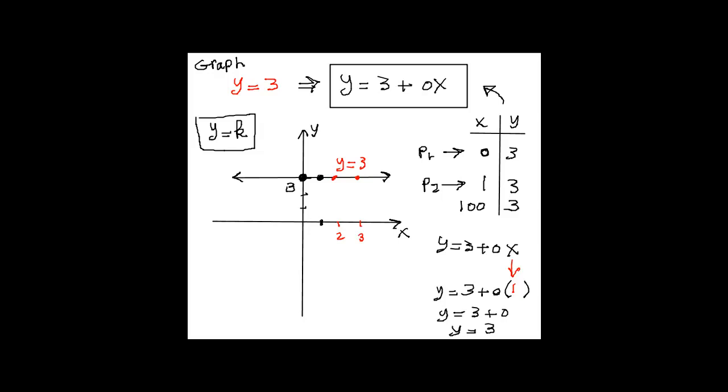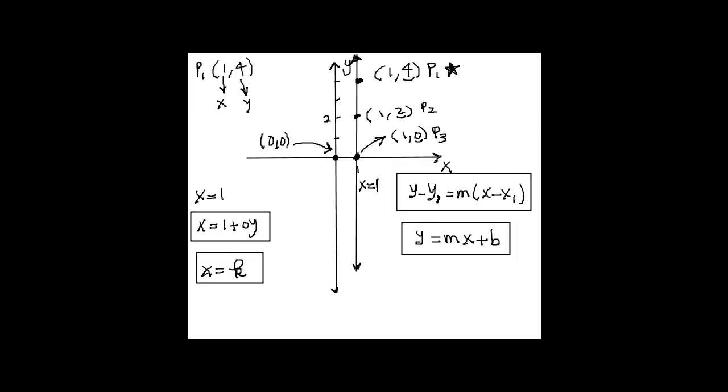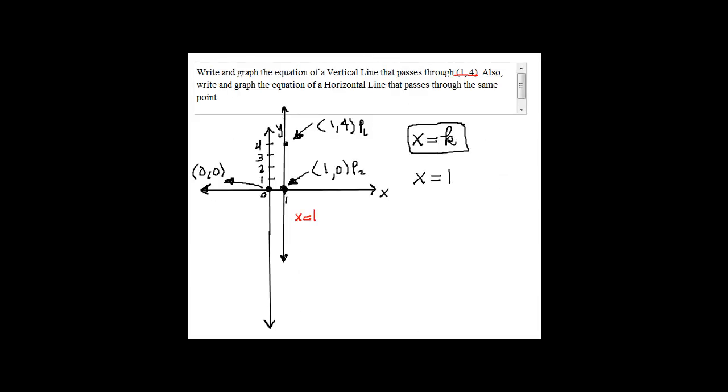In this example that we had earlier, let's go back to that example again. Here we want to write the equation of the horizontal line that's going through the same point. So still the point is the same right there, and I can graph them easily by drawing the line like that.